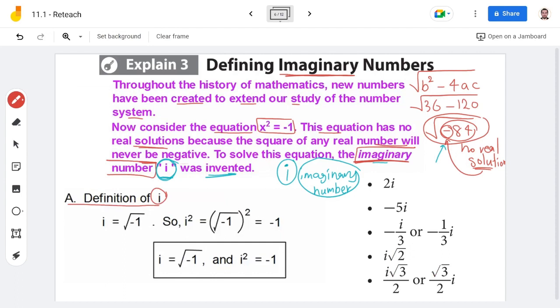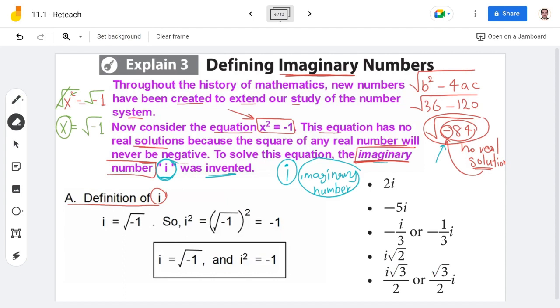Now, just an example. Let's go back to this example here: x squared plus 1 equals 0. So now we know that x squared equals negative 1. Now let's take the square root of both sides. So x is equal to the square root of negative 1. Now, I can't have this answer, because x has no real solution.